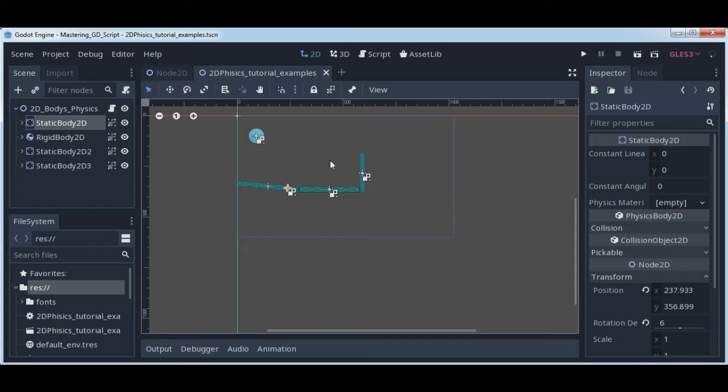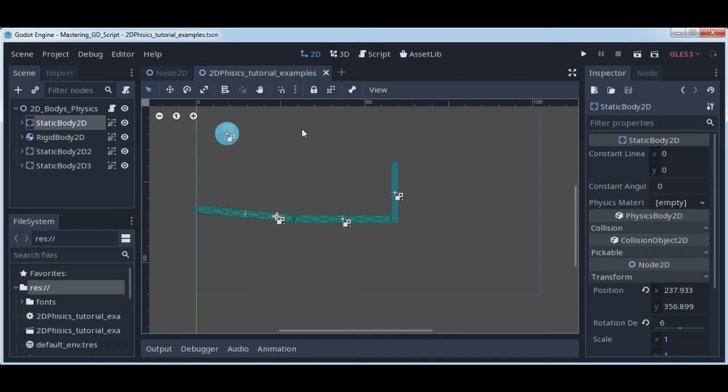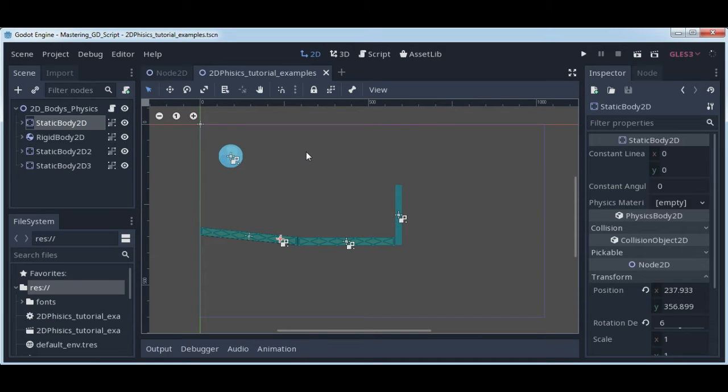For this lecture you need some preparation. Leave your rigid and static body initially created and create two more similar to this previously created static body, so you will get one static body created with rotation and one with zero rotation.